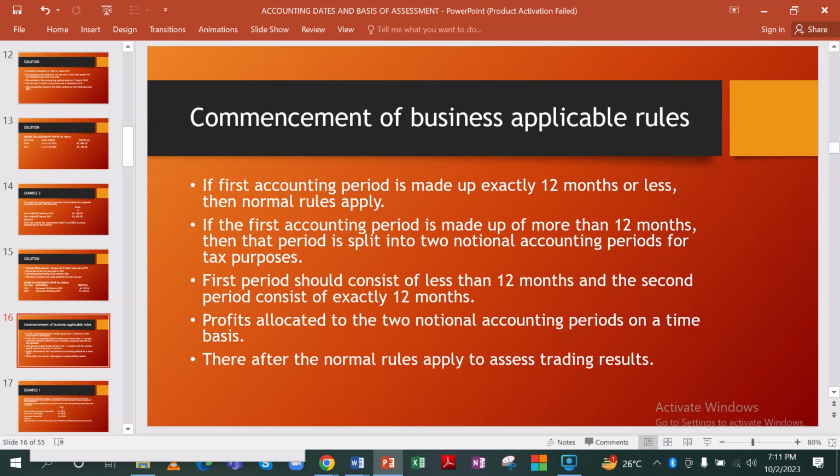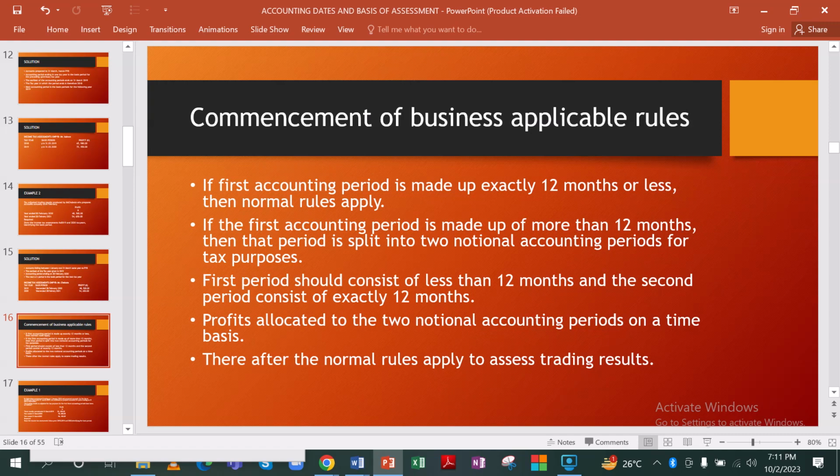Next, looking at if the first accounting period is made up of more than 12 months, then you should know that the period is split into two notional accounting periods for tax purposes. What are these two notional periods?